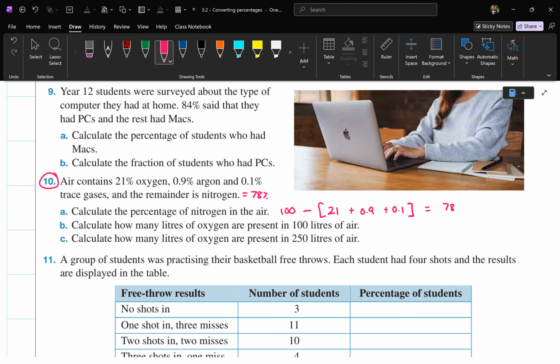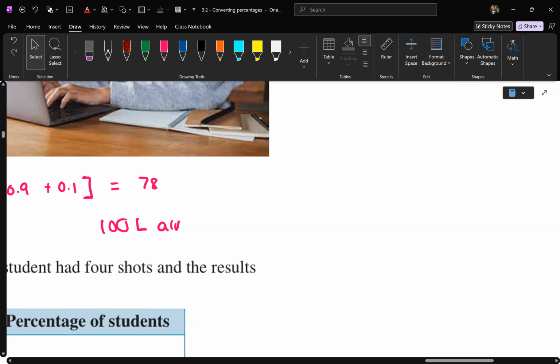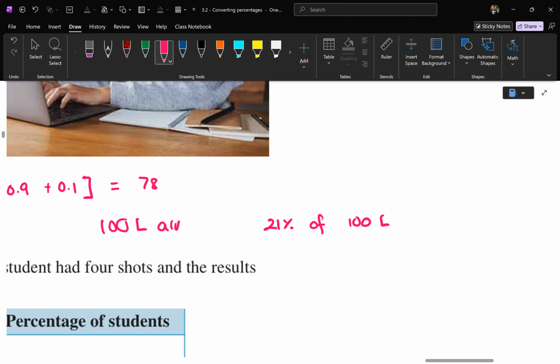Calculate how many liters of oxygen are present in 100 liters of air. Now, if there's 100 liters of air, but we already know that 21% is oxygen, okay? Because it says liters of oxygen. So air contains 21% oxygen. So you're really trying to work out of 100 liters, 21% of 100 liters is oxygen.